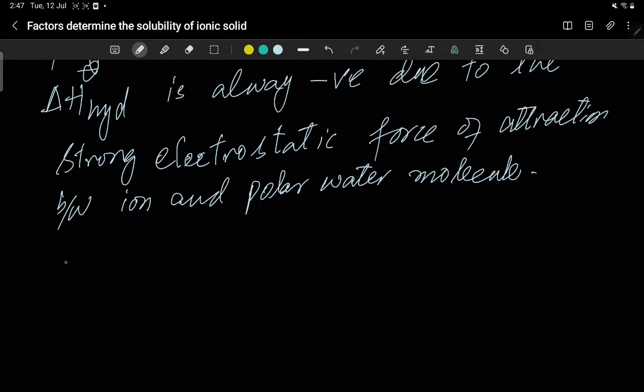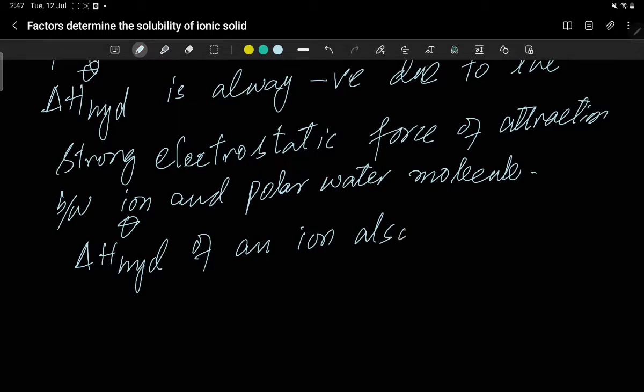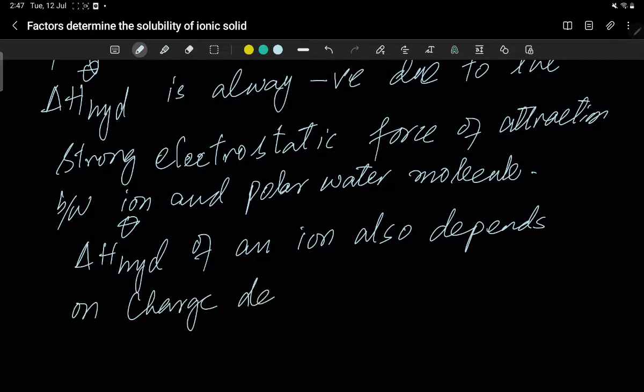So we can say that the enthalpy change of hydration of an ion also depends on charge density, which is equal to charge over radius.